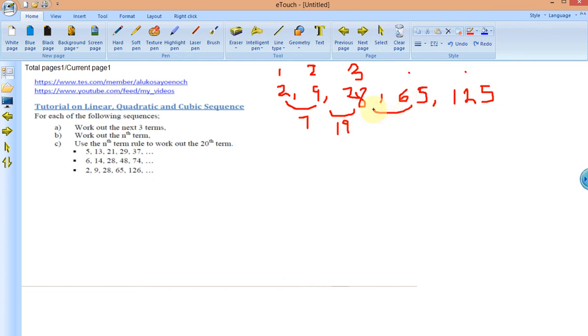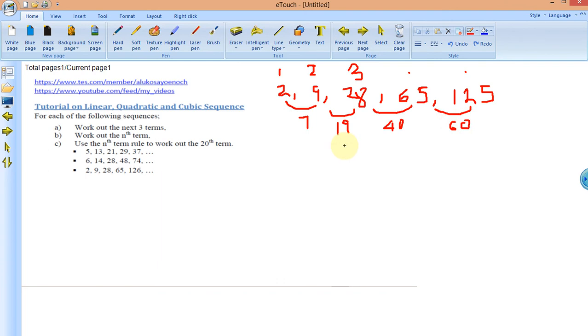Then 65 minus 28, that is 40. See the gap, guys. Then 125 minus 65, that is 60. So definitely this is not a linear sequence because the first difference is not a constant.